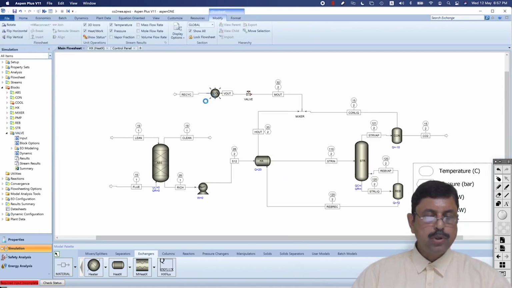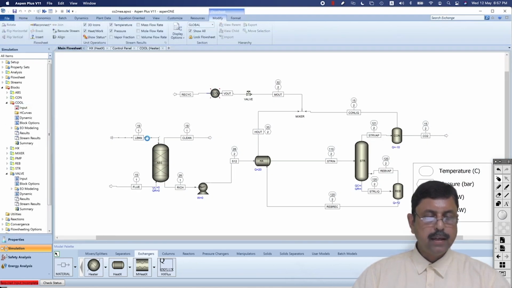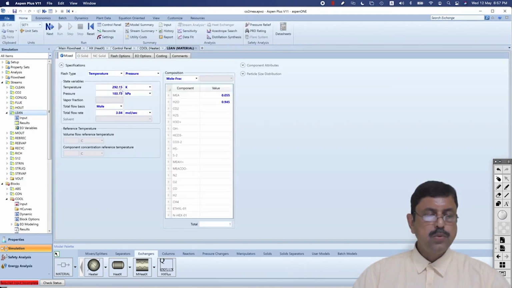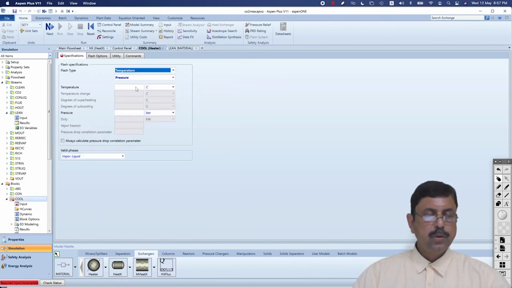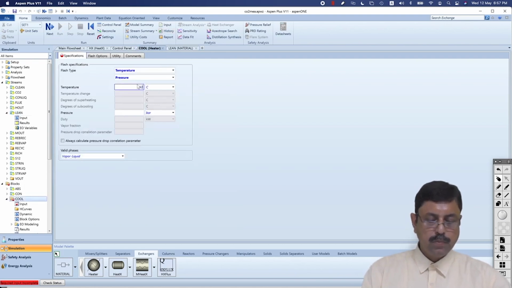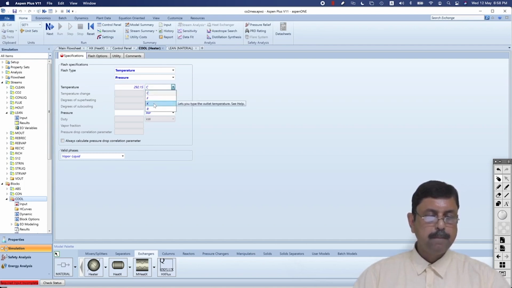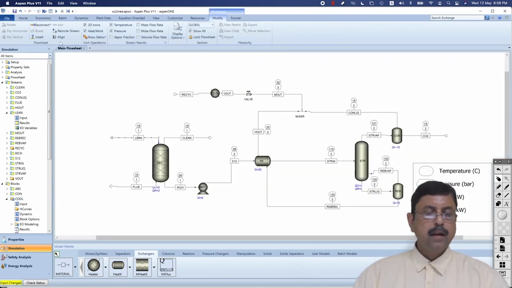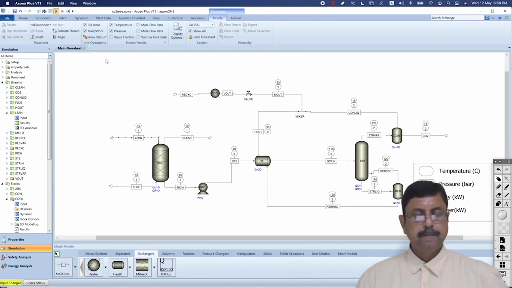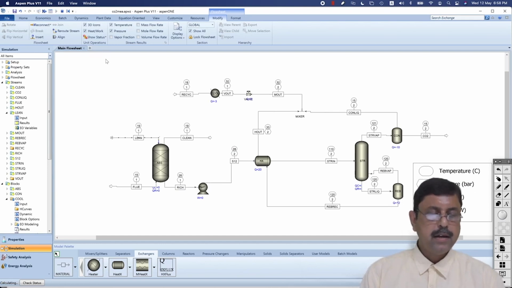And the cooler output should be 19 degrees centigrade, or we can refer to this one once again. So it is 292.15 Kelvin, and 0 bar pressure drop. Okay, now you can run it once again. Okay, so it has run and it has converged also.